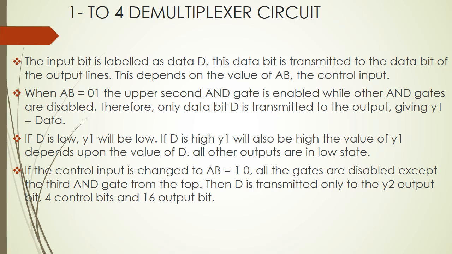So let's take a look. If the control input is changed to AB equal to 1, 0, then we should come to our table and see which one is 1, 0. Then we will realize that it is the third one. The third one should be 1, 0. Then we say that all the gates are disabled except the third AND gate from the top.